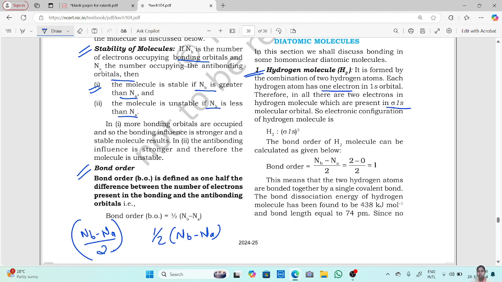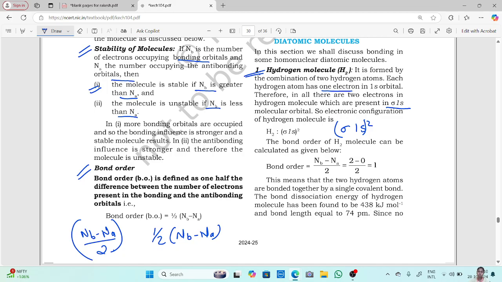So it will be the sigma 1s molecular orbital. The electronic configuration of hydrogen will be sigma 1s2, because both electrons are present in the bonding molecular orbital. There is no electron present in the antibonding molecular orbital.